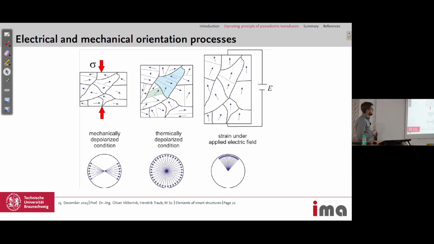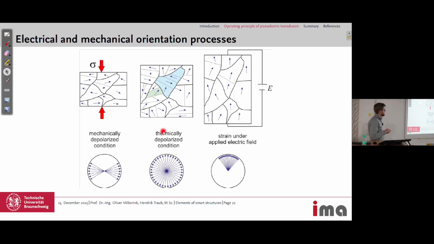So we can also depolarize the piezoceramic. It could be depolarized due to a mechanical stress. Then the depolarized condition looks most of the time so that we have some domains oriented in one direction and one in the opposite direction, but they will cancel each other out, so we have no macroscopic polarization.